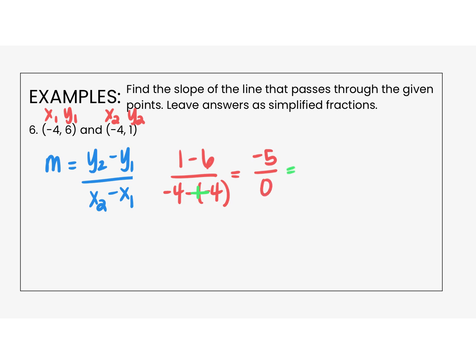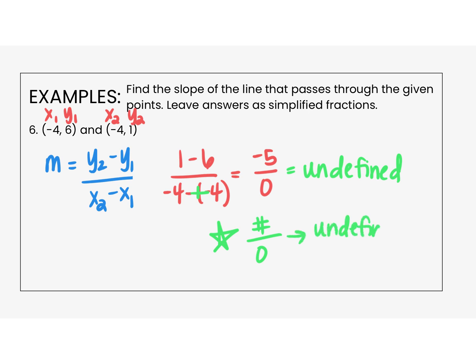Okay, so that means that this is an undefined slope. Anytime you have a number over 0, when 0 is on the bottom, it's undefined because we can't divide by 0. So if you do this in your calculator, it's going to say error, cannot divide by 0.